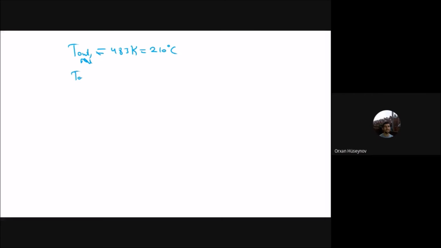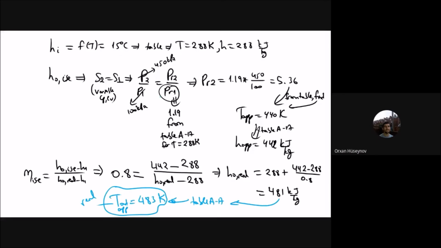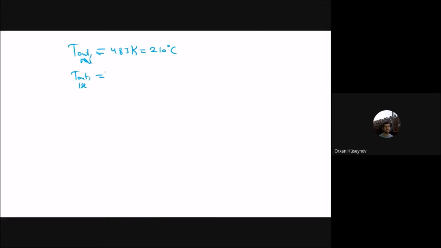And the temperature outlet for the isentropic one, how much was it? It is 440 Kelvin, so it makes 167 degrees Celsius. We can see in the isentropic case, the air is heated less because there is no friction.